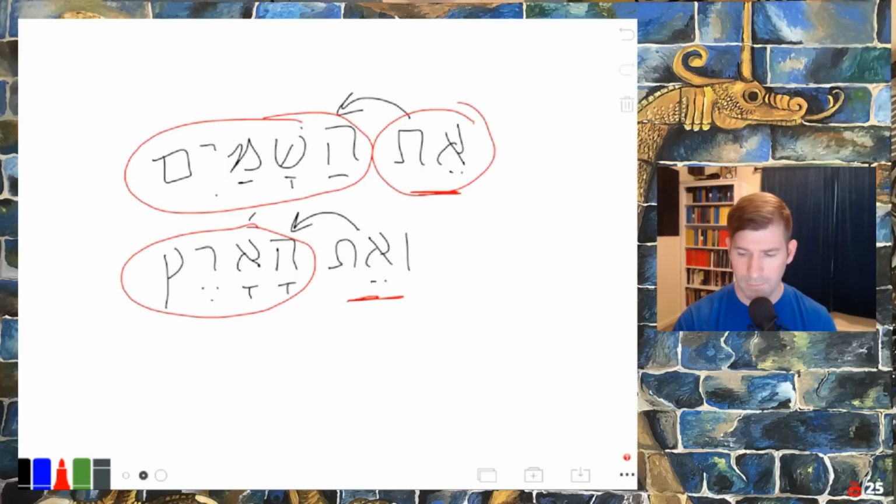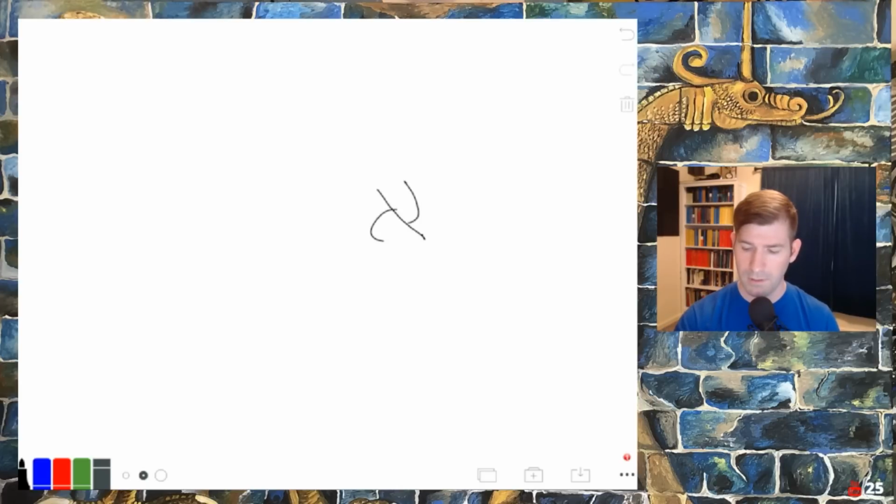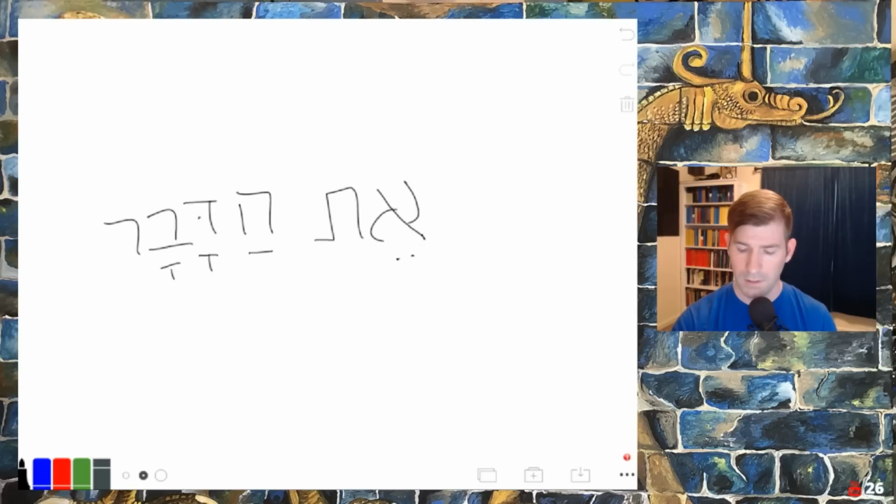Okay, so the reason I bring that up, in our example, ha davar, oftentimes, because they're so closely connected, they will join the two words together, like a compound word.